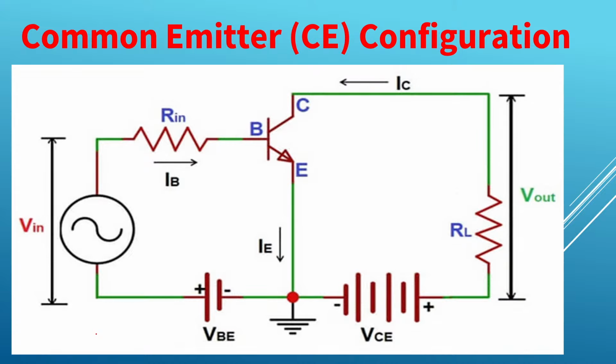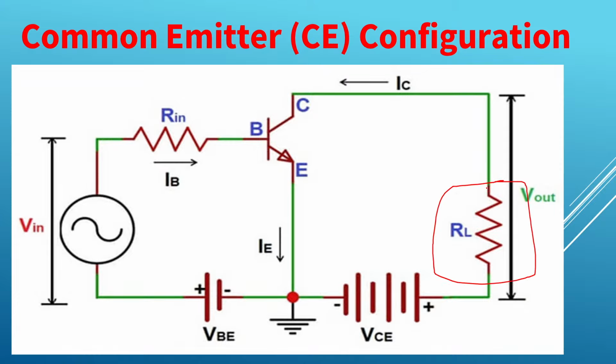This sort of configuration provides significant voltage gain, so you can use it for amplification. The voltage gain provided will depend on how much the load resistance is. This is our load resistor.